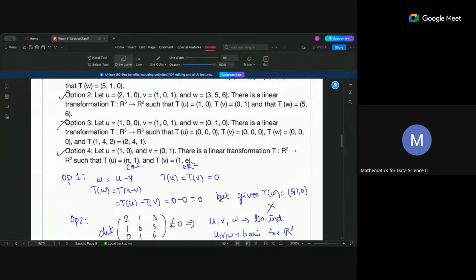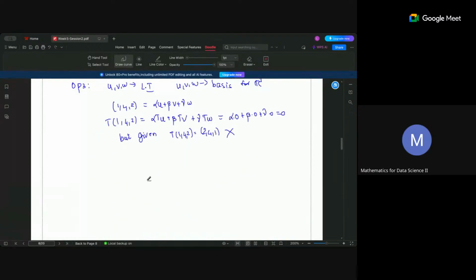See, option 4, that is what I told here already. This forms a basis. U and V form a basis for your domain R2. T is from R2 to R2, and T of U is given as some vector, and T of V is some vector. What the vector is does not matter.